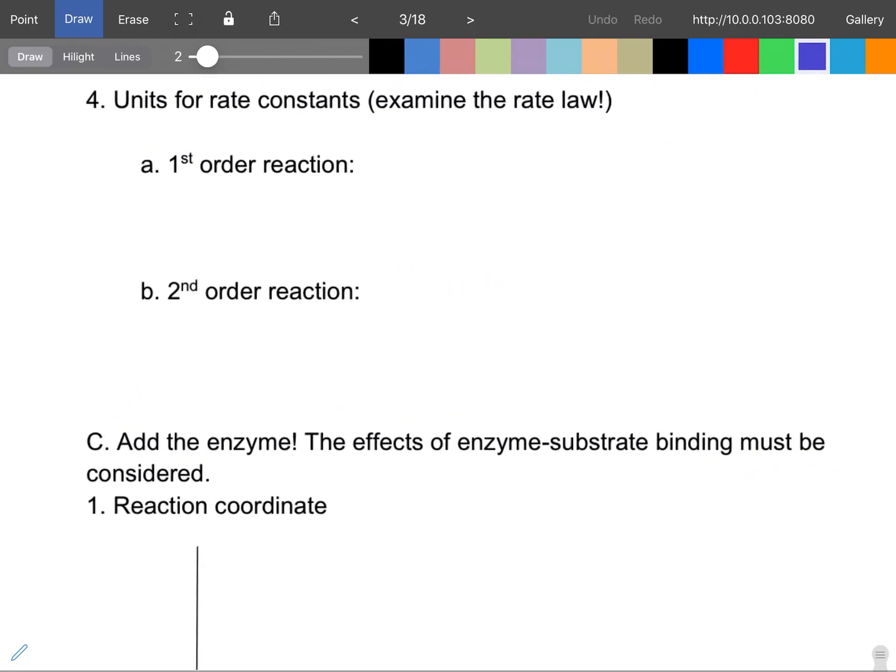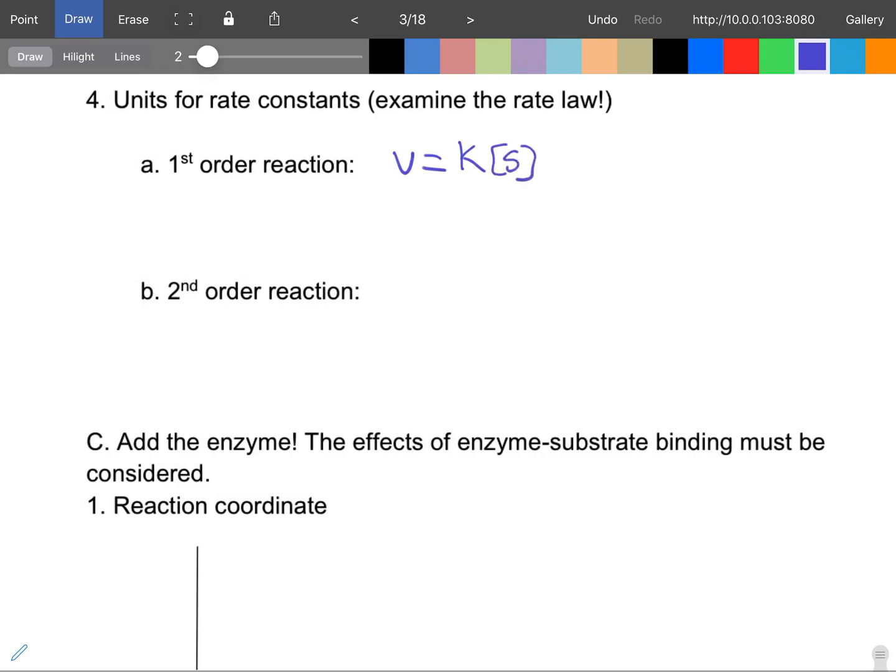So I want to look at rate constants and the units. This is very important, understanding how we're going to set up various things throughout kinetics. So the way we have to do this is we have to look at the rate law. What must the rate constant be for that particular order? So for a first order reaction, the rate law is velocity equals K times S, remember from the previous.